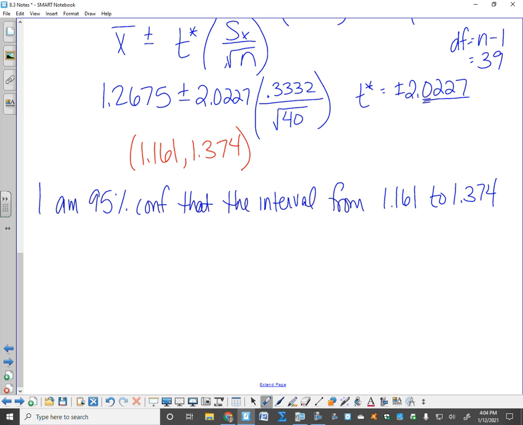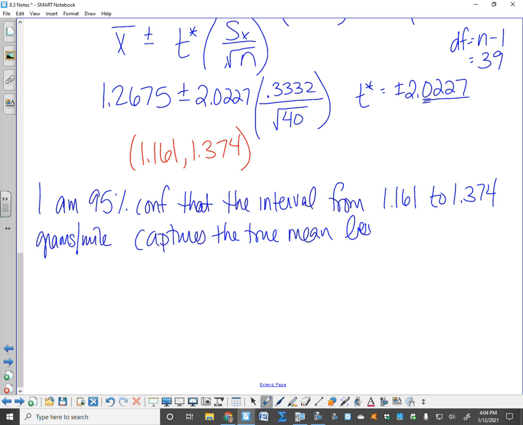and technically this has units of measurement. Grams per mile. I'm going to call it the interval from captures the true mean, not proportion, the true mean what?